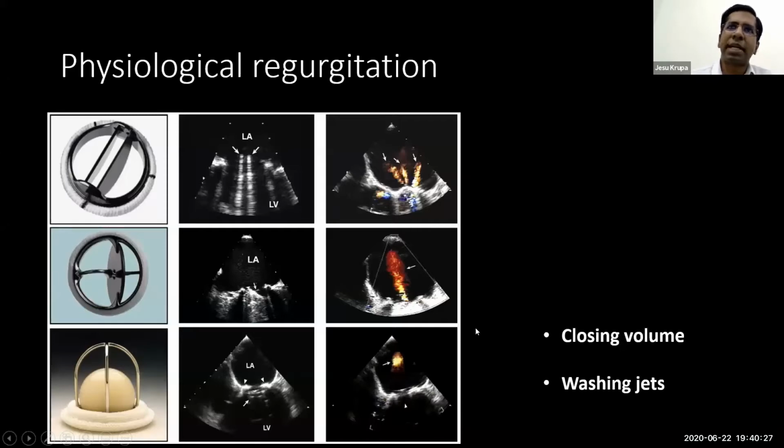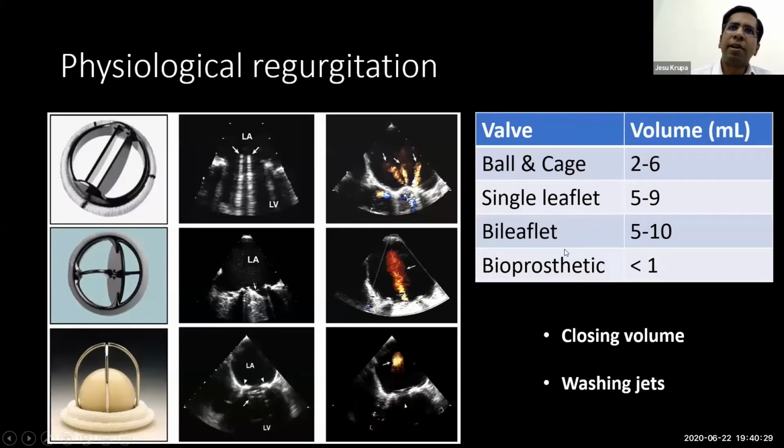It is a protective mechanism. So all of these valves have some amount of regurgitation. That is just for information that I've just put it up here on the side. So bioprosthetic valves, like I said, are closer to native valves and hardly have any regurgitation, whereas the metallic valves generally will have up to 10 ml of regurgitation.